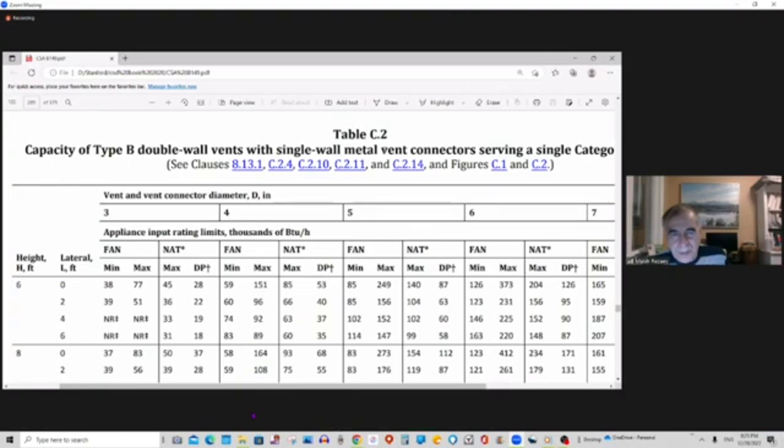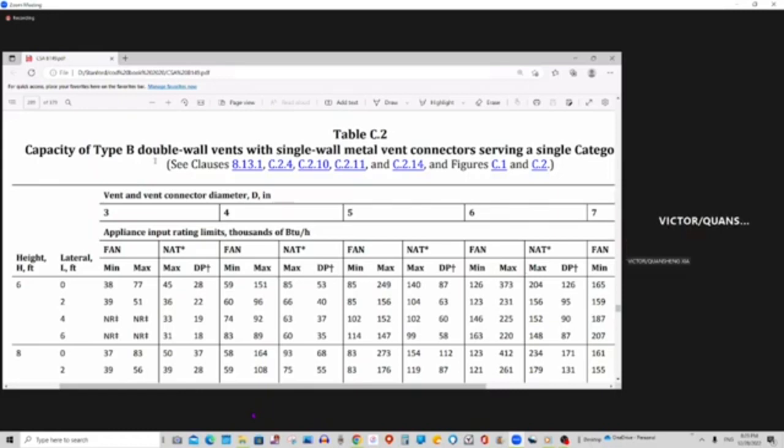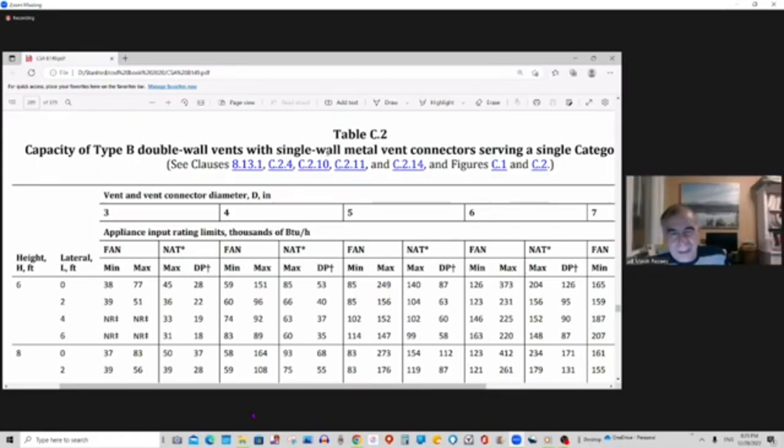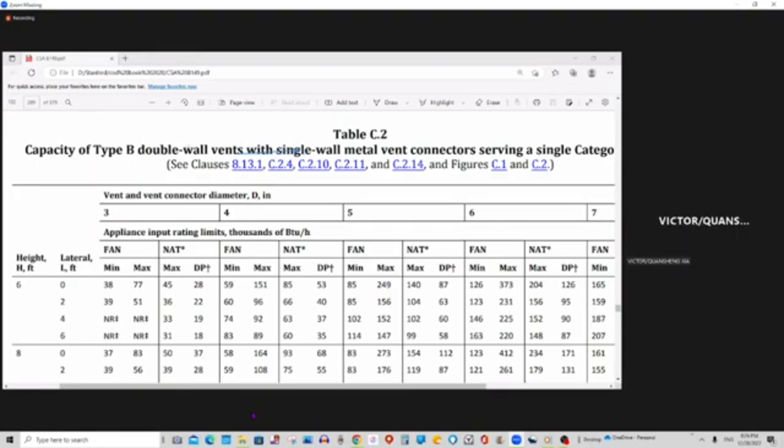Do you remember table C1, it was B vent, B connector. Here is B vent, single wall connector. It is exactly the same as table C1. The only difference is here, the connector. The rest is the same. Only single wall connector. B double wall vent and B connector.